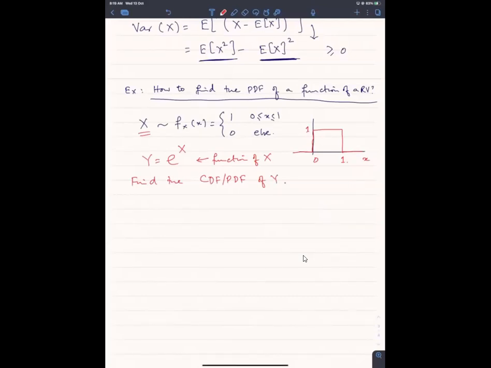Because we want to answer some probability questions about y, or we want to find the expected value of y, or the variance of y. कुछ भी करना चाहते हैं y के बारे में, probabilistic question है. So in that case, I must know the CDF or PDF of y. If you know one, you already know the other.